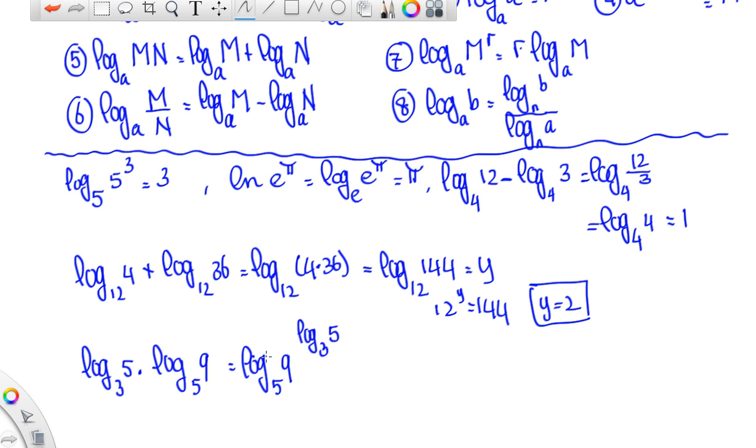Now 9 is actually a 3 squared, right? So I could write this as the log 5 of 3 squared, and then that's to the exponent of the log 3 of 5.